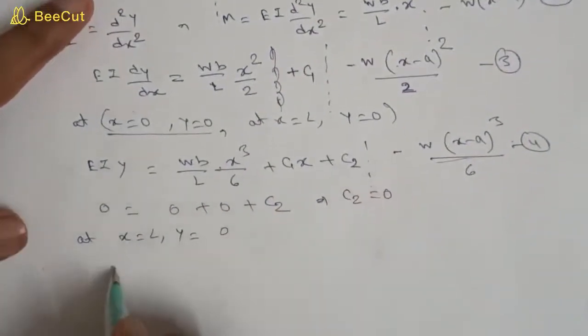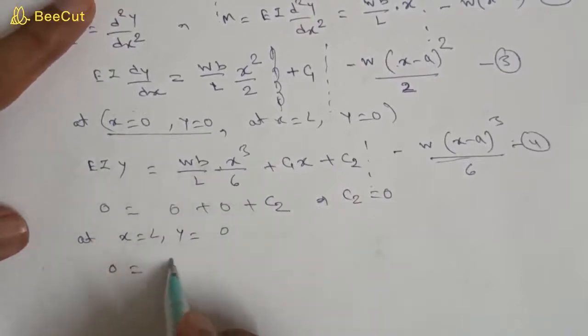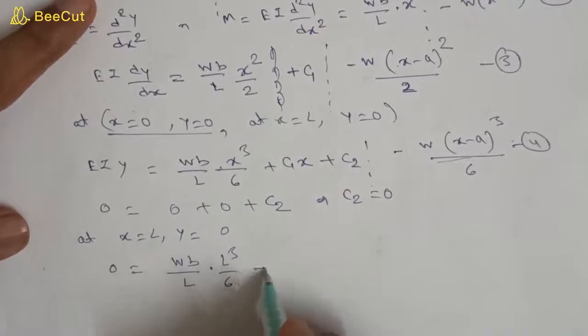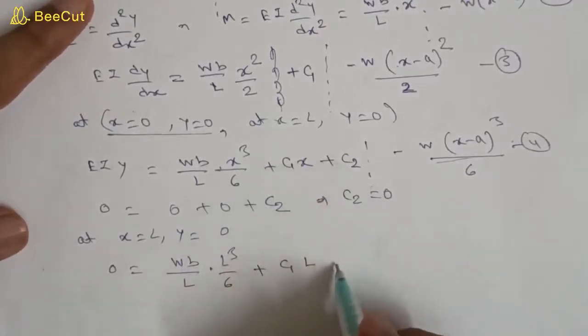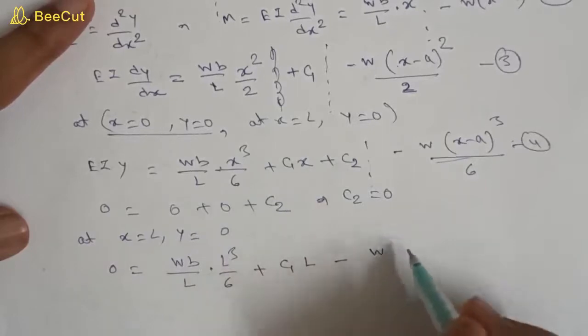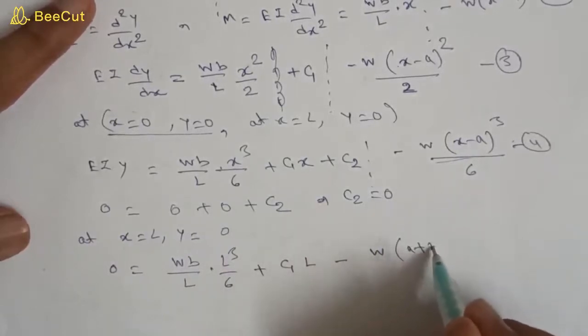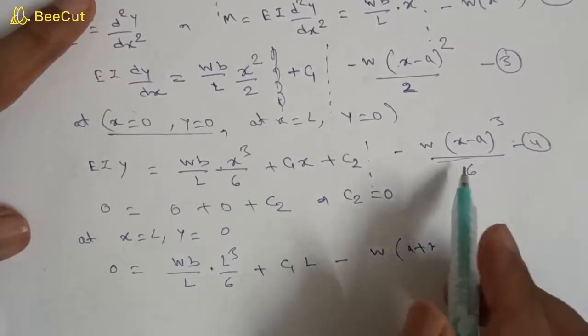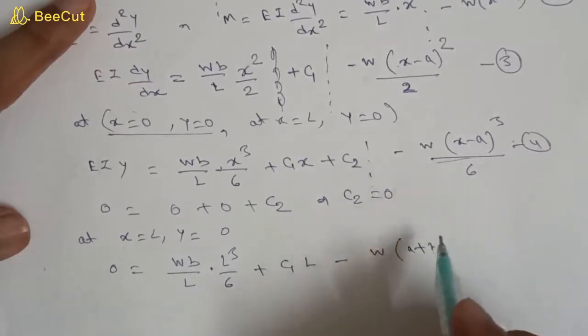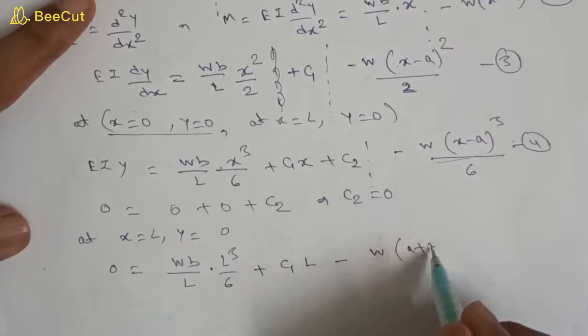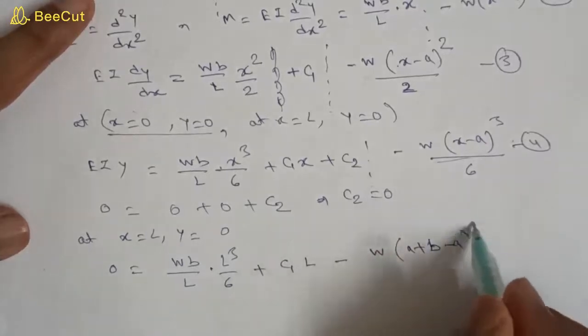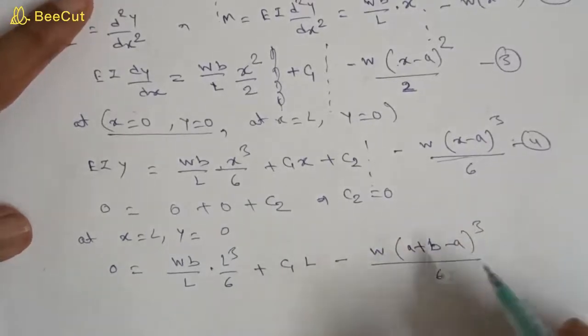We will write 0 is equal to WB by L into L cube by 6 plus C1 into L, C2 is already 0, minus W, x minus a, where x in place of x there will be L, so L is x, plus b minus a, to the power cube divided by 6.